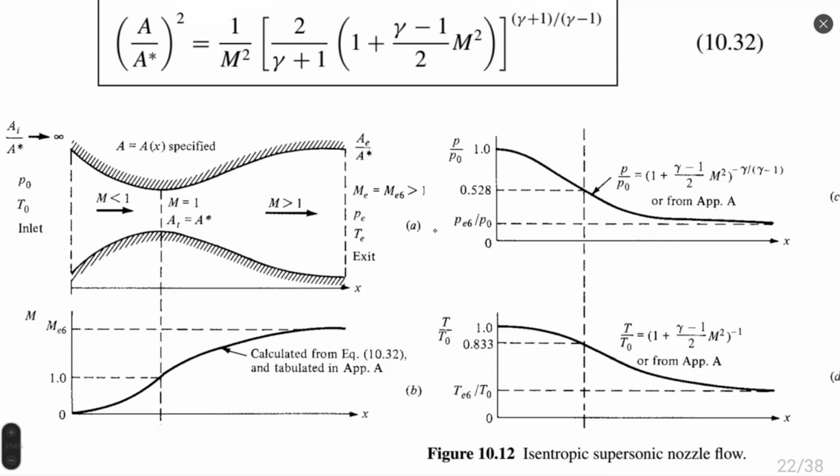For example, just as a small example, if I have a nozzle like this, with a throat, a subsonic part, a supersonic part, and then a sudden decrease of area again, like this geometry, this will become our throat.